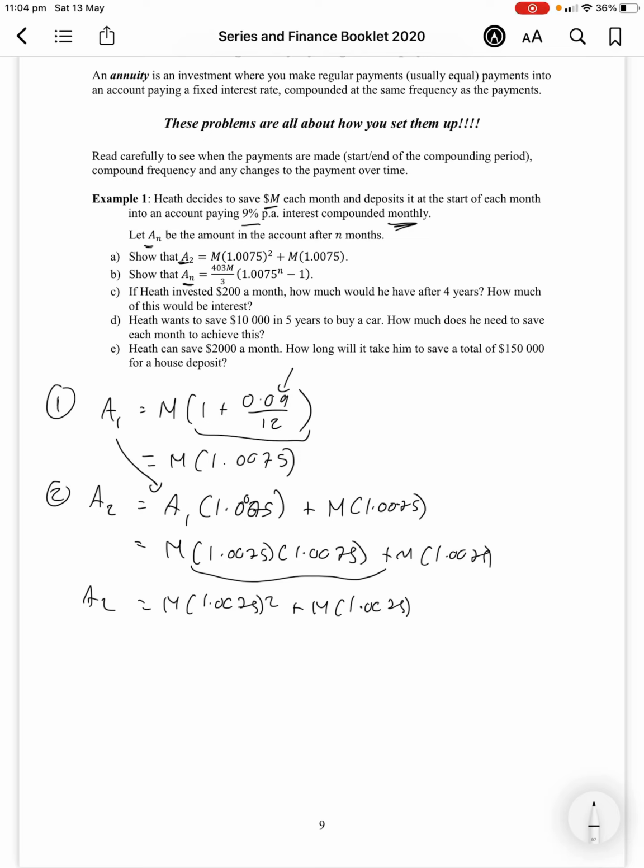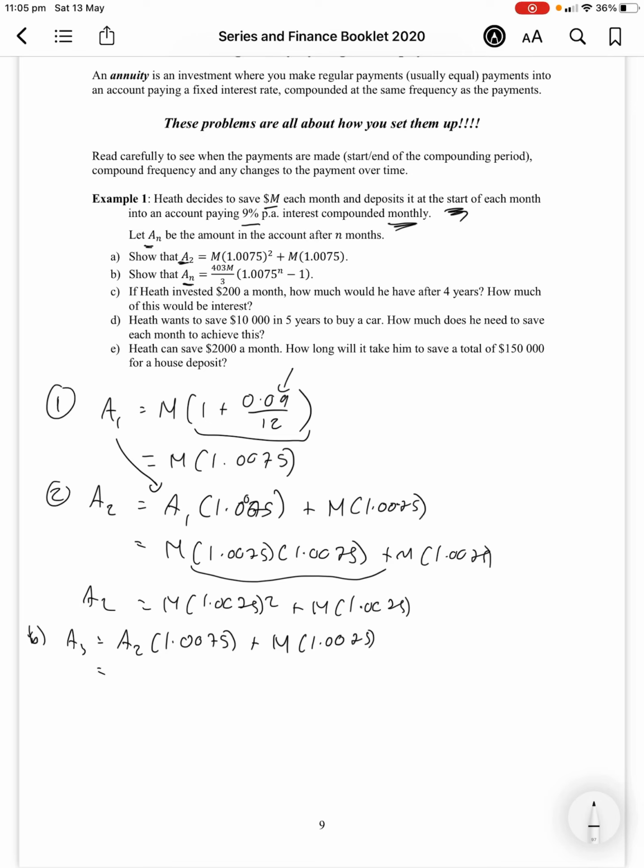Now, this kind of pattern follows really well. What I mean by that is, if we're looking at A3, A3 is A2. It's going to receive the same amount of interest, which is 9% per annum, compounded monthly, same as we've been seeing all this time, plus a new amount that is also being compounded because it's deposited at the start of each month. So he's depositing it, and that's also receiving interest.